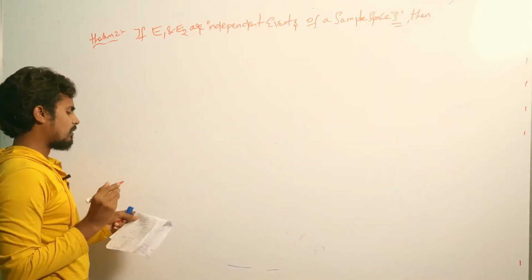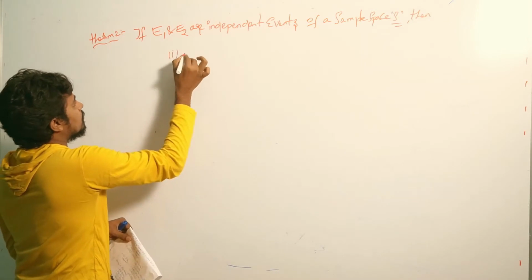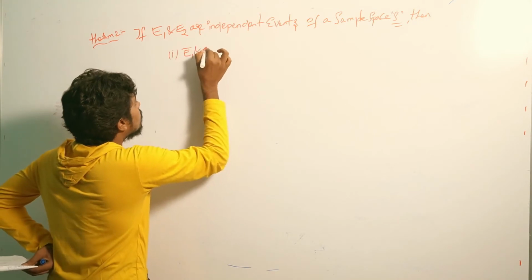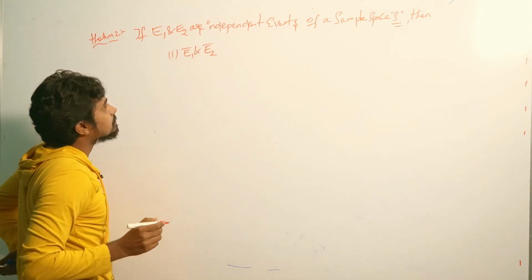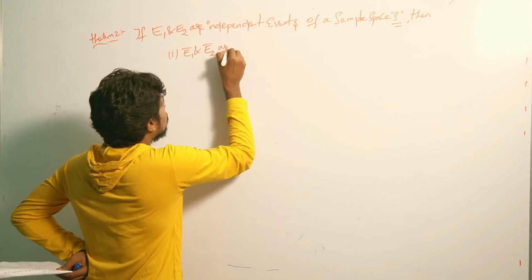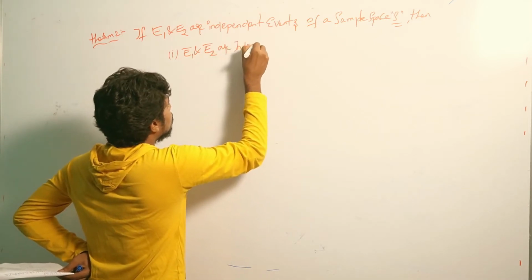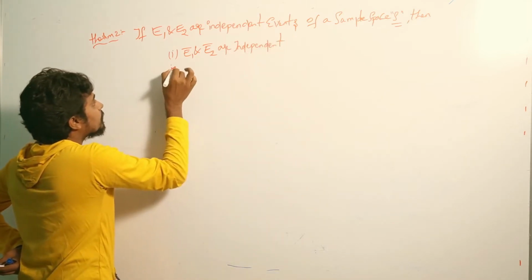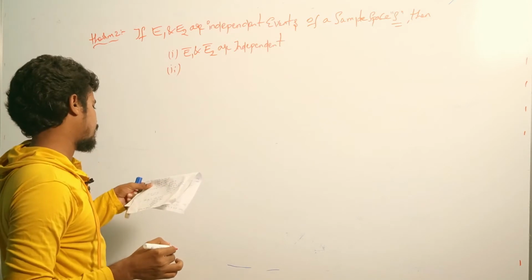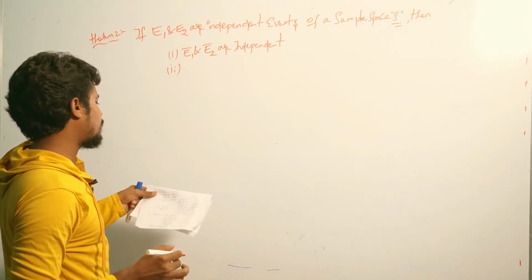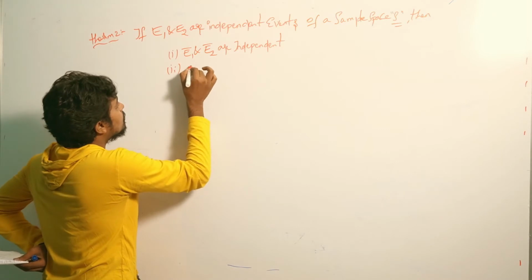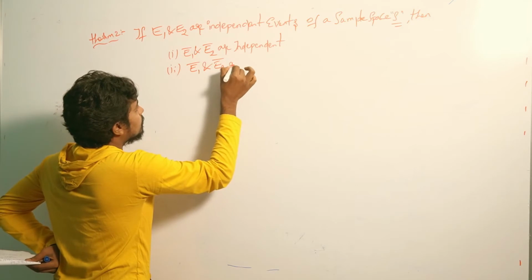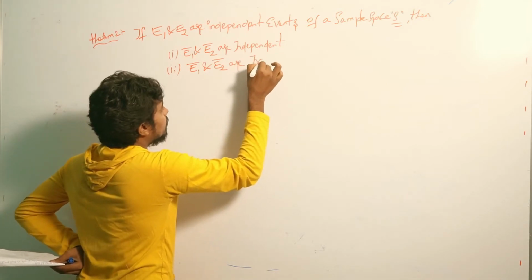First question, E1 bar and E2 bar are independent. Similarly, second question, E1 bar and E2 are independent.